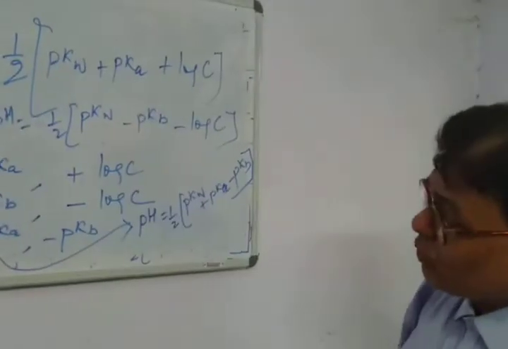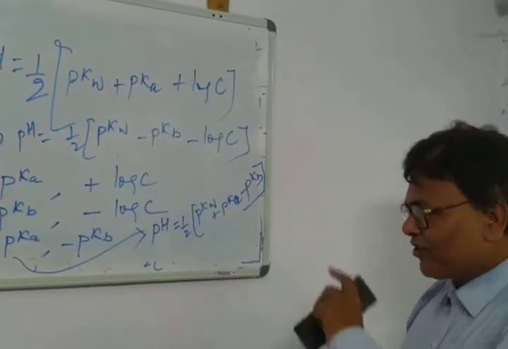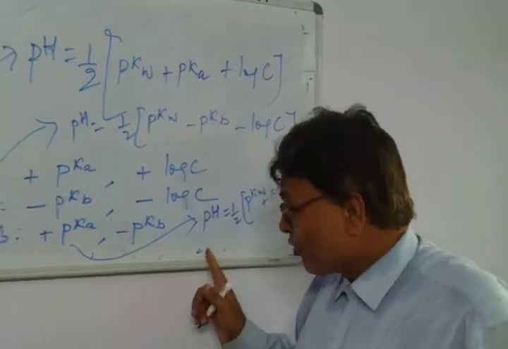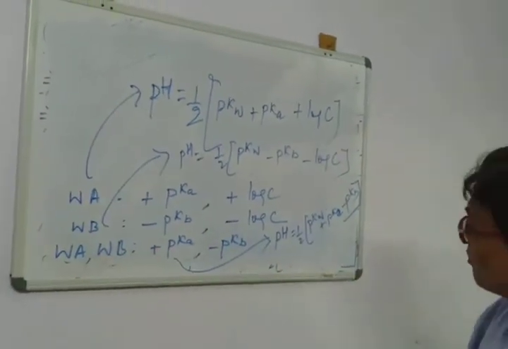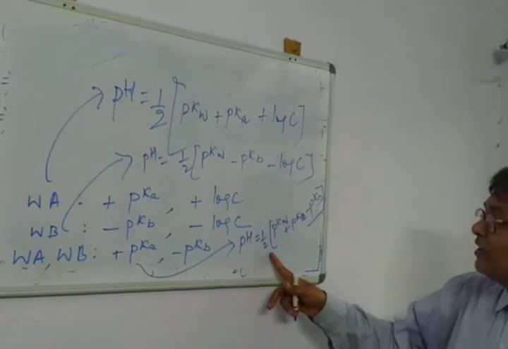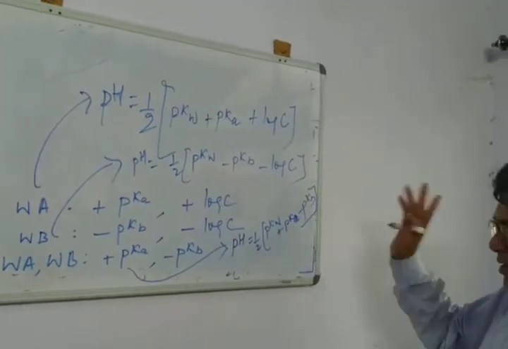So if somebody asks you what will be the pH for hydrolysis of salt generated by weak acid and weak base, you can say pH is equal to half into pKw plus pKa minus pKb.